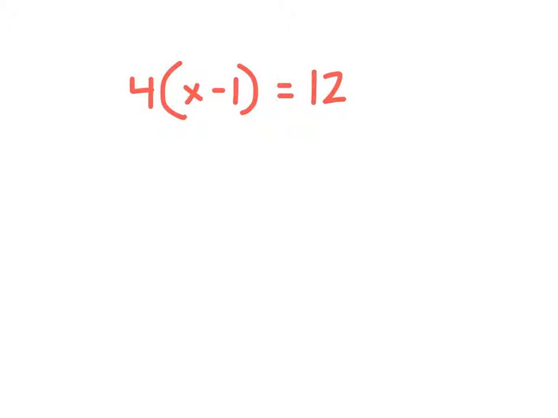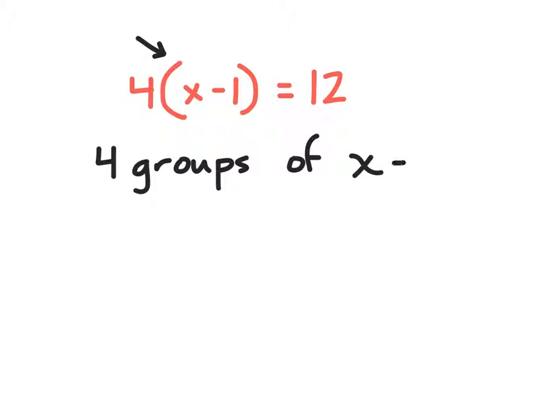Likewise, we've been looking at problems like this one, where there are parentheses used. Remember that parentheses are just grouping numerical information. So if we look at this, this is really just saying 4 groups of x minus 1. So what does that mean? That really just means x minus 1, 4 times on the left.